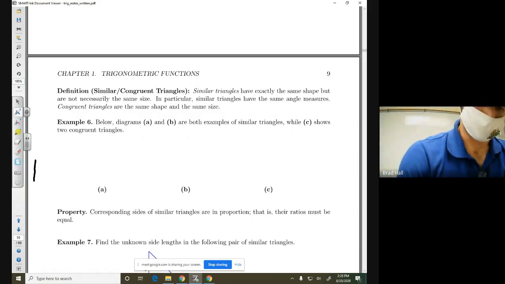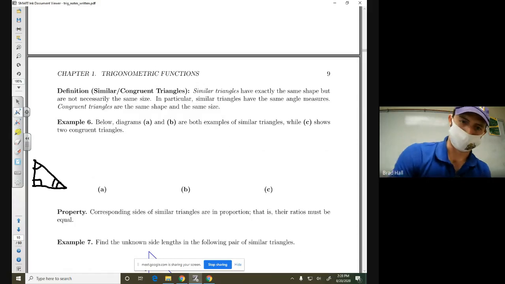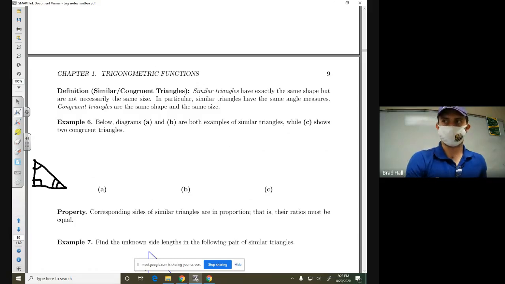So, one would be, say, a right triangle. So that is a right triangle. Again, it's tough to draw line segments on this thing. Notice that the top angle has a single arc and the other angle has 2 arcs.